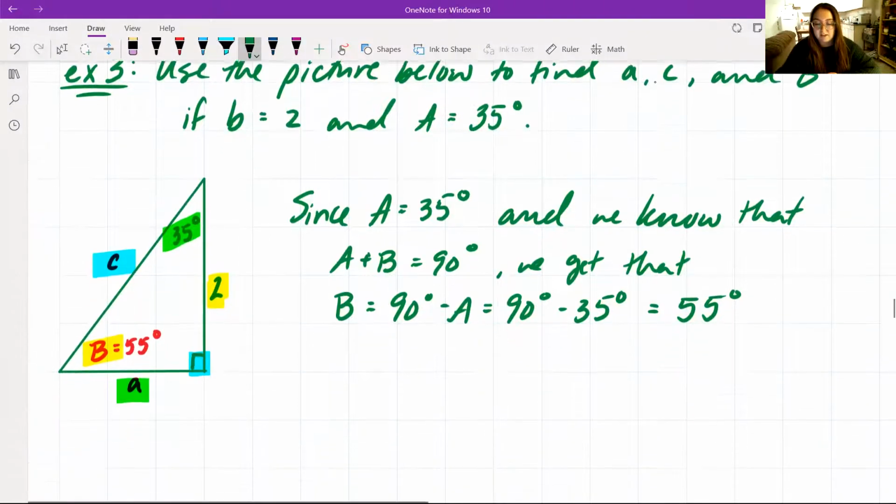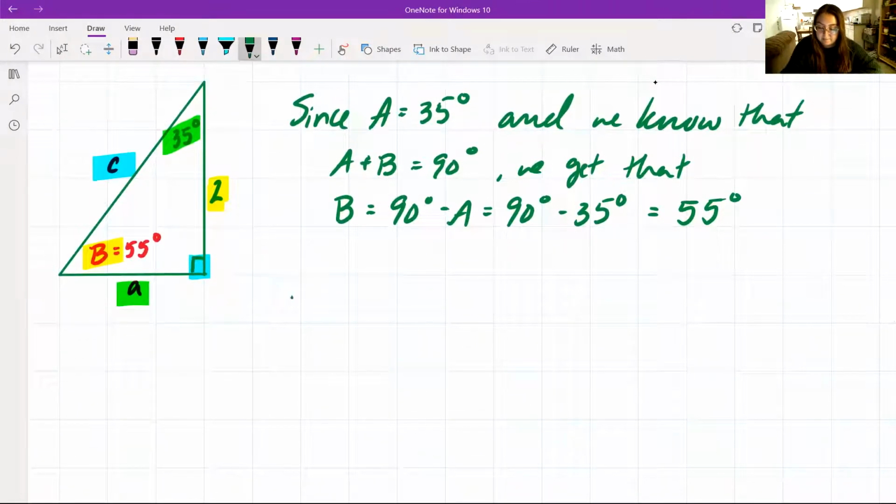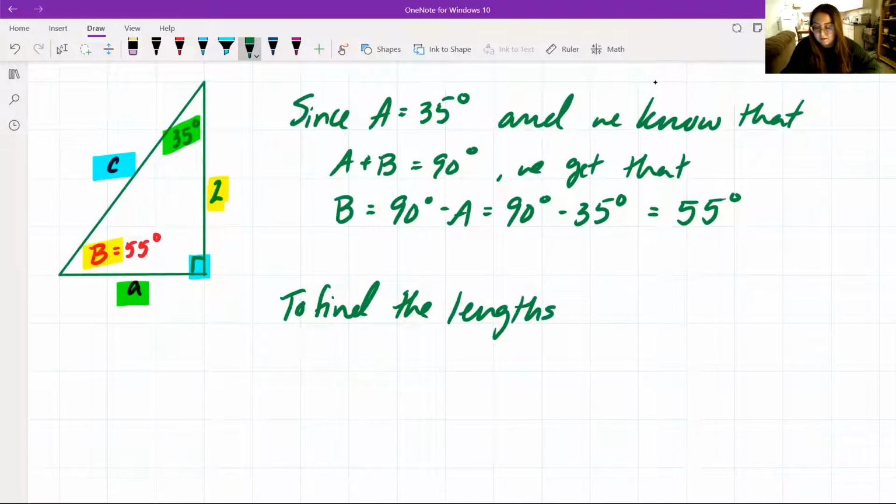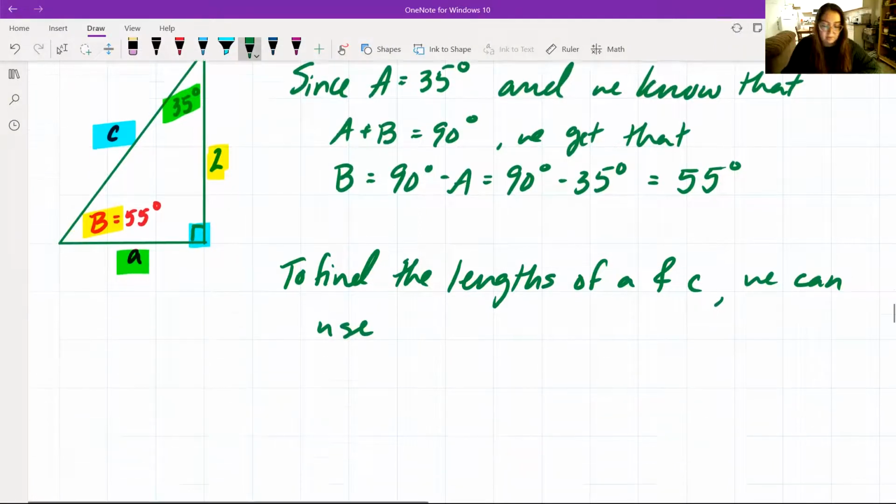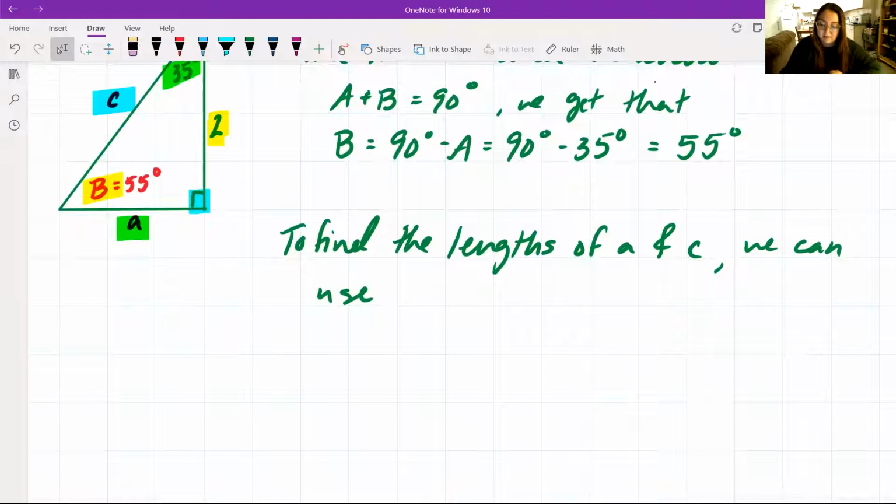Now we want to find the lengths of sides A and C. To find the lengths of A and C, we can use the fact that we know tangent of theta, I was thinking theta and then a degree measurement.